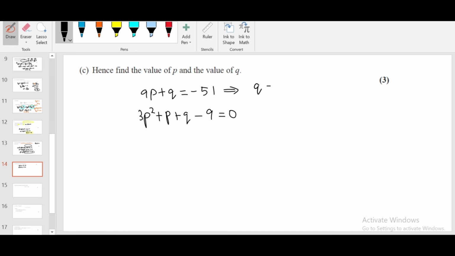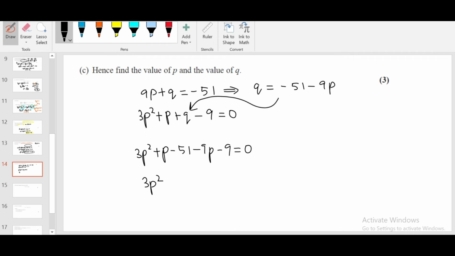So basically q is minus 51 minus 9p. I'm going to sub in the place of q. So it's 3p squared plus p minus 51 minus 9p minus 9 is 0. So I will get 3p squared minus 8p minus 60 is equal to 0.